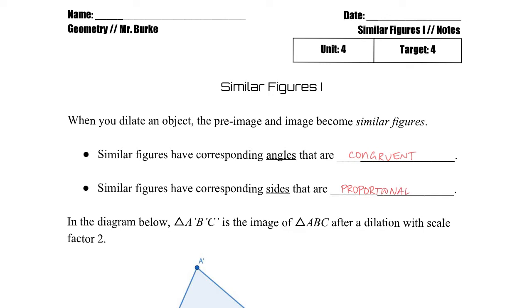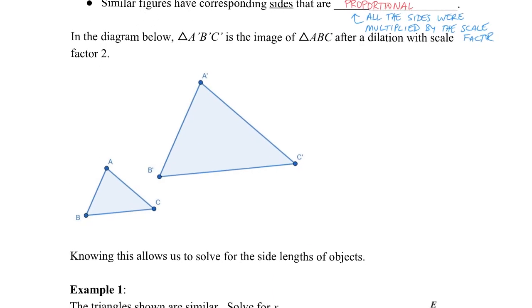What that means is that all the sides were multiplied by the scale factor. So the scale factor is going to play a big role in this lesson. So let's look at what I mean by that.